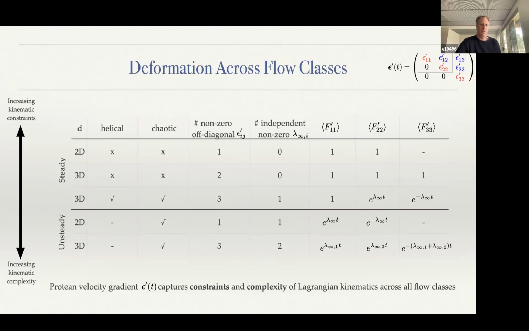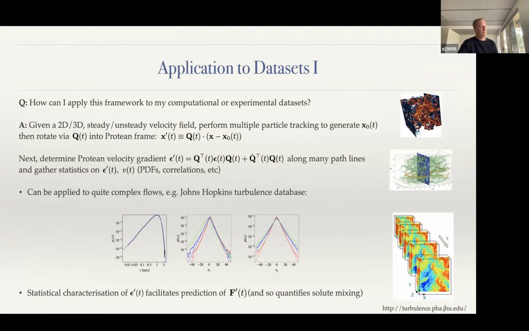And then finally, when we get to unsteady 3D flows, they have two independent Lyapunov exponents. So this velocity gradient in this frame captures the constraints and complexity of Lagrangian kinematics across this broad range of flow classes. How would we apply this to computational or experimental data sets?